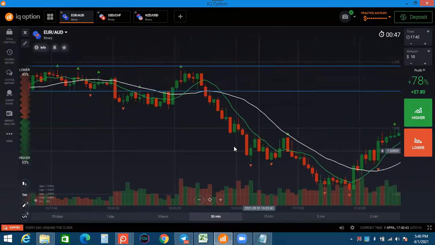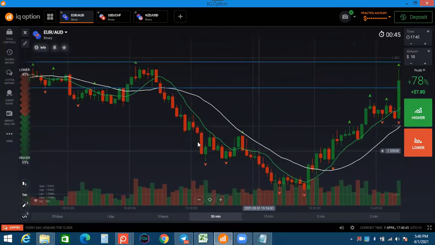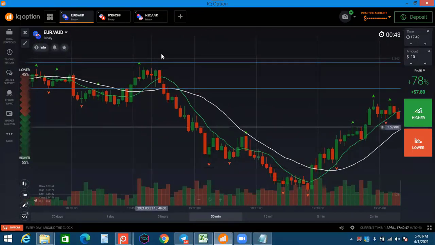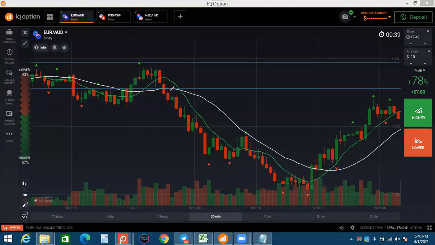So here, it is coming down, right? Then see here, when it's breaking, you can find the similar movements in the trend.